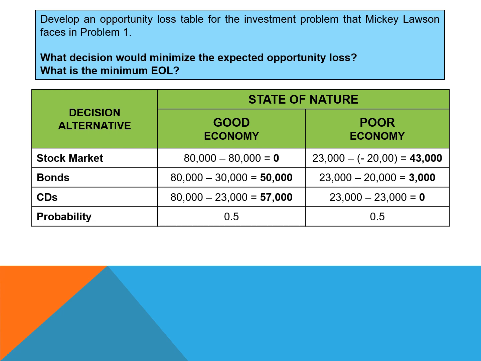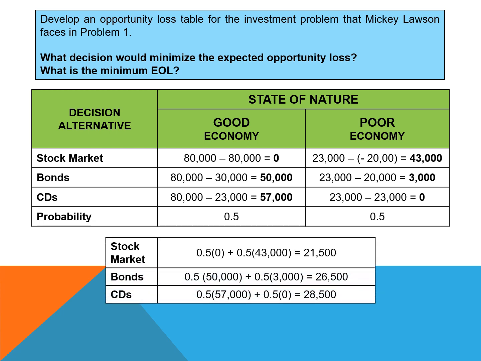We can now compute for the expected opportunity loss. The formula is almost the same as the expected monetary value, but instead of the payoff, what we put in the parentheses is the data from the table of regret, the ones in bold. So 0.5 multiplied by 0, because for the good economy it is 0.